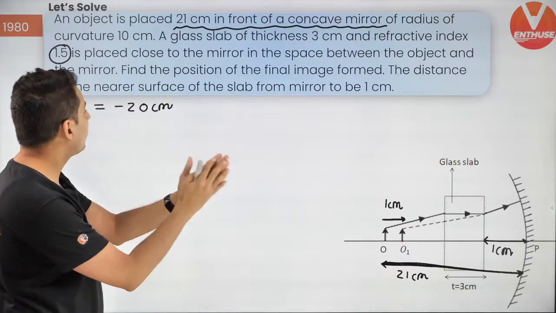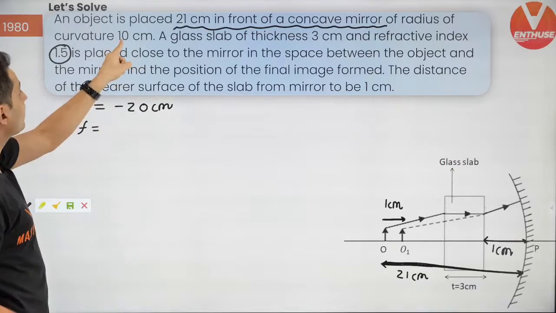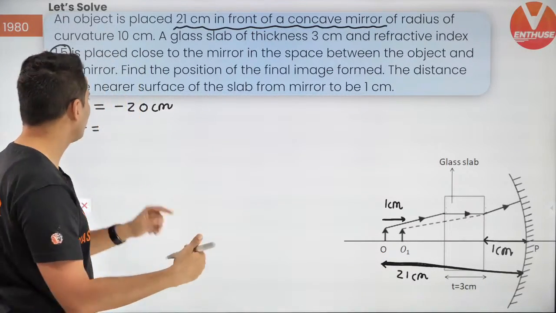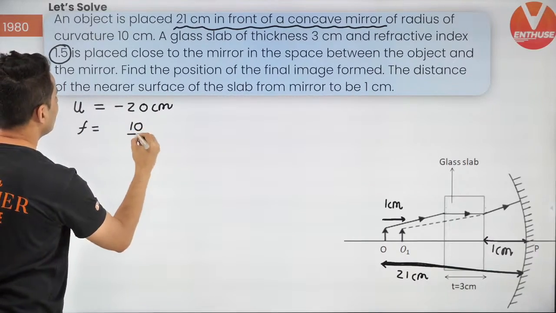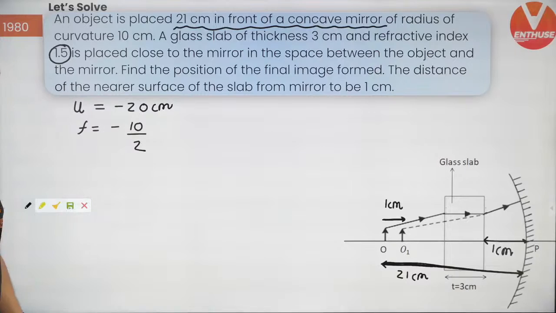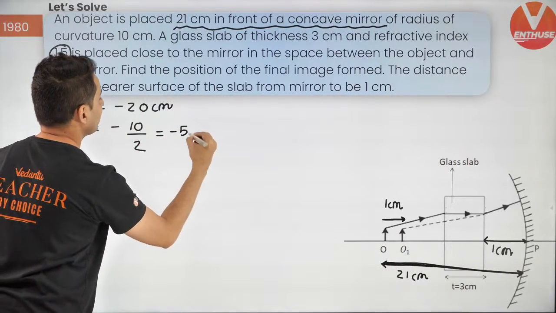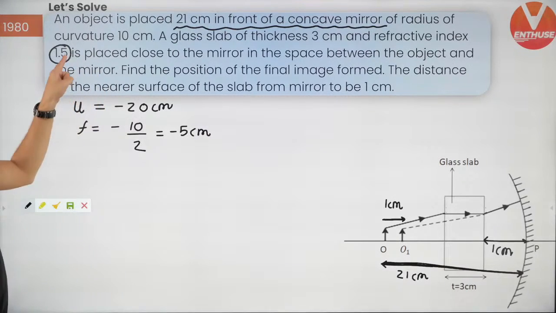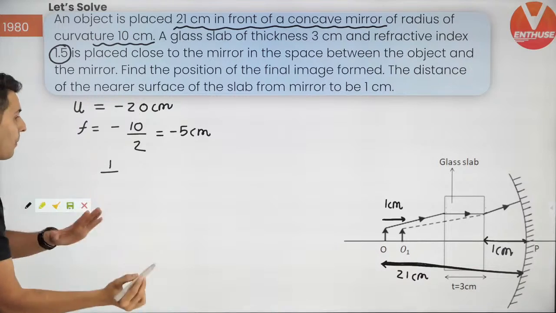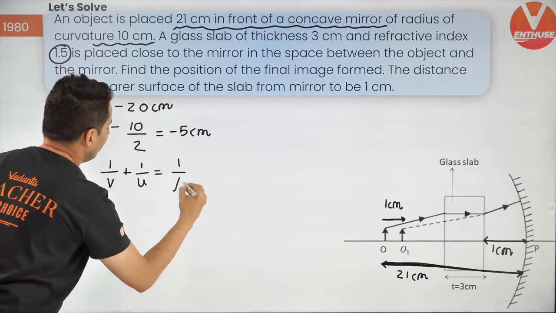Okay. Now focal length. Do I know the focal length of that mirror? Well, the radius is given. Remember, R is 2f, so f is R by 2. So the radius of curvature 10 divided by 2. But it is a concave mirror, so I think it should be negative. Hence the focal length will be minus 5 centimeters, because the radius of curvature is given to be 10 centimeters. Now let's use the mirror formula: 1 by v plus 1 by u is 1 by f.